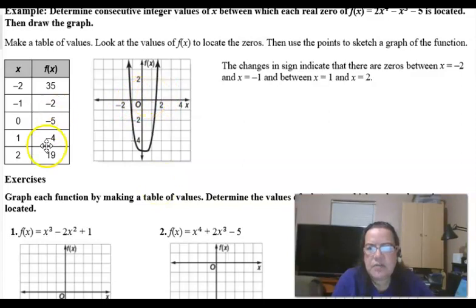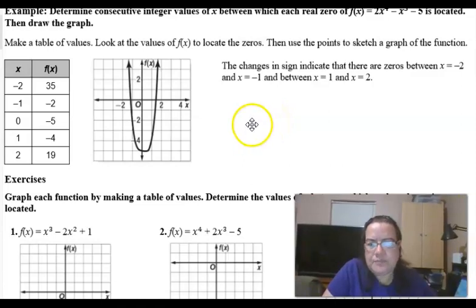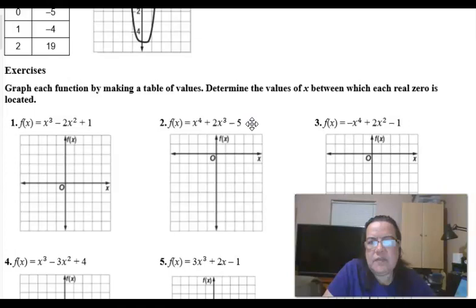Most of the time you can find the zeros by looking at the table, but if it's not an integer, then the zero is a little harder to find, and so you pretty much have to sketch it, kind of get an idea. But look at this. If you could at least say the zero is between this number and this number, then you're okay. It doesn't have to be exactly precise, just kind of to get an idea. All right, so let's go ahead and do one of these.